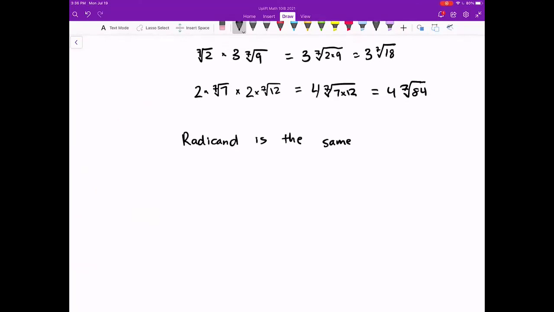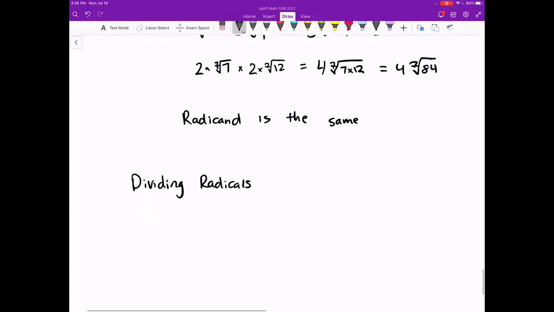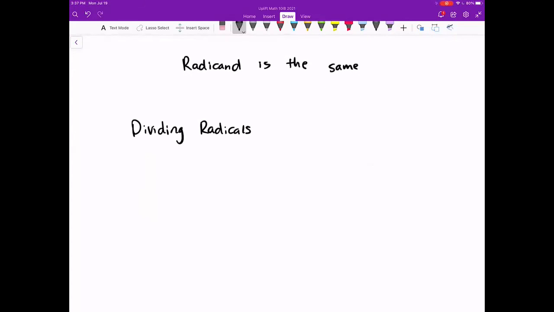So we're going to move on to dividing radicals, and it's really similar. It's almost the same as multiplying. We do the same thing where we divide the coefficients first, and then we divide the radicals. We can do a simple example where we have 3 times the 4th root of 11 divided by 2 times the 4th root of 10.